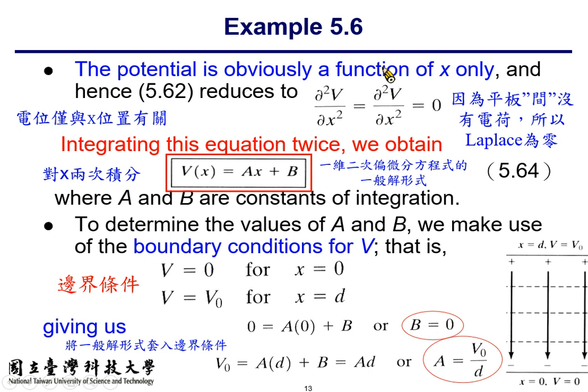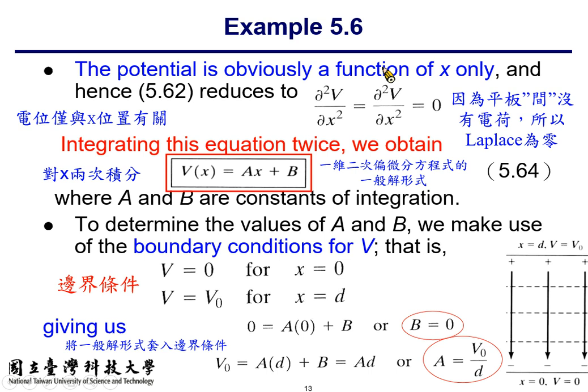Use boundary conditions. We know that V at the position of x equal to 0 equals 0. And we know the voltage at the position of x equal to d equals V sub 0. So 0 voltage and V sub 0 voltage are the two boundary conditions we have.